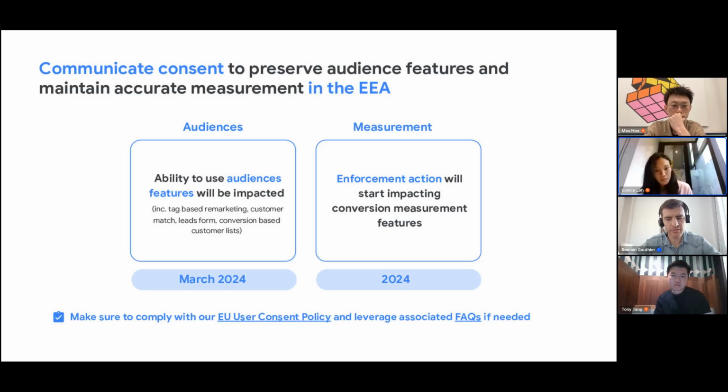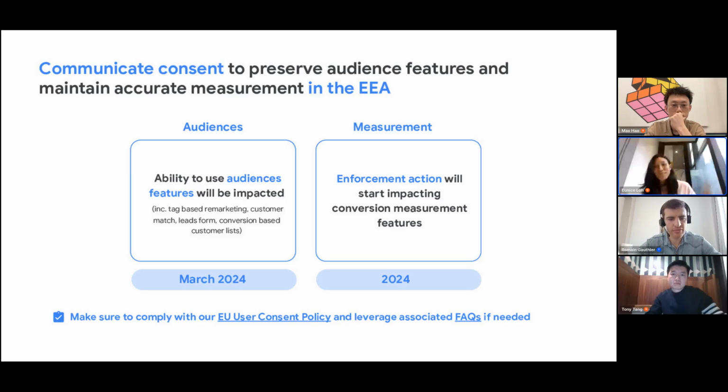From a measurement perspective, we at Google will also start to ramp up audit and enforcement efforts to make sure that advertisers are properly communicating consent to us. And if, based on these audits, it is flagged that proper communication is not done, the account will actually be suspended, and you would no longer be able to continue to get conversion tracking in your measurement.